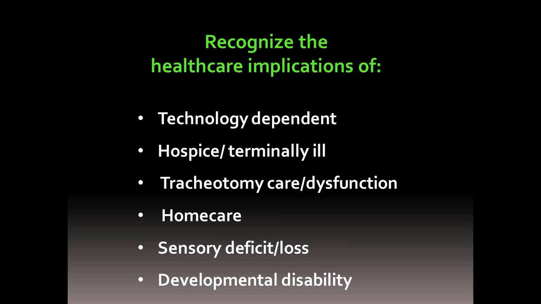You've got patients that have sensory and deficit loss. I like to throw into this category as well patients with language barriers, because I've frequently been called to take care of somebody that does not speak the same language I do. And although it's not a deficit or a loss, it certainly is a barrier.